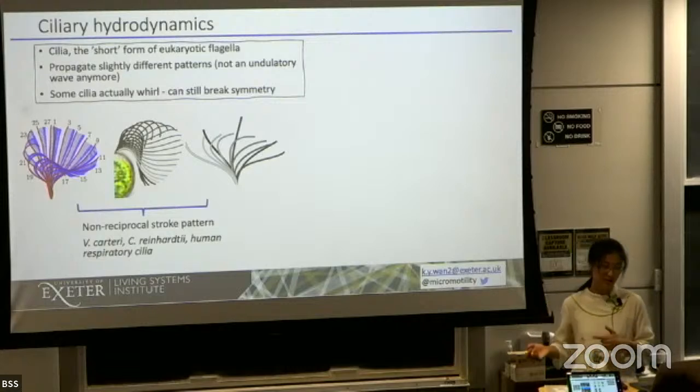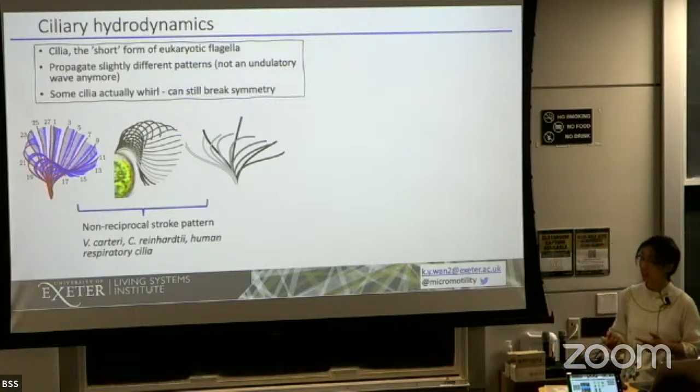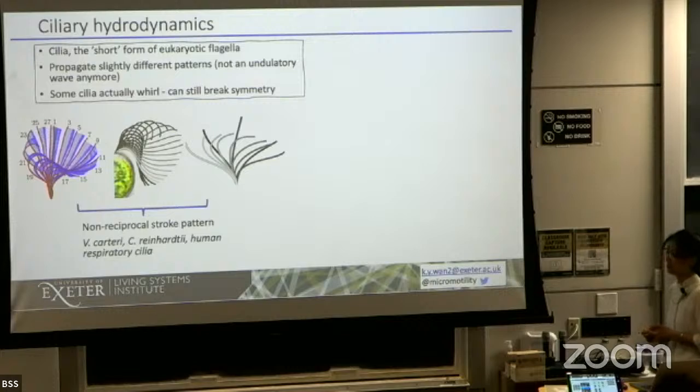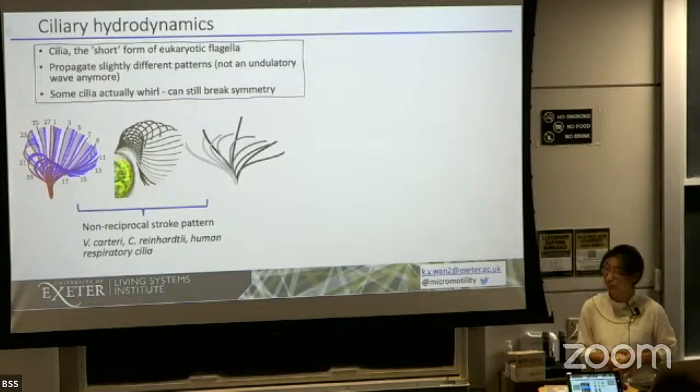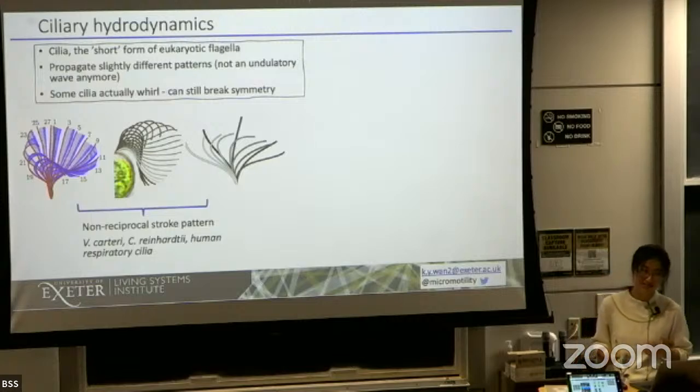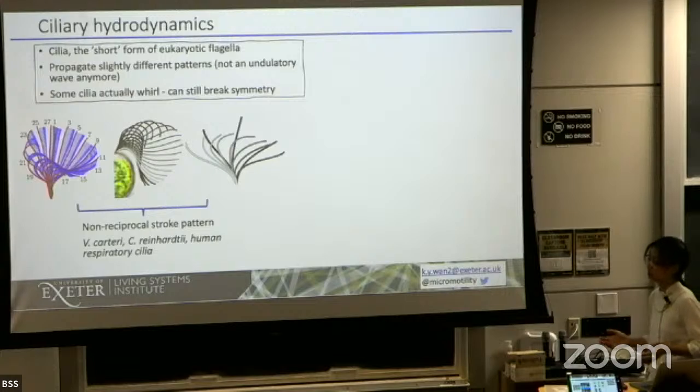In the case of these shorter appendages, like cilia, you break symmetry by breaking the forward and backward stroke patterns. Whether you do that with a hinge in the case of the robot, or in the case of the real organism, well, this is still a little bit mysterious.